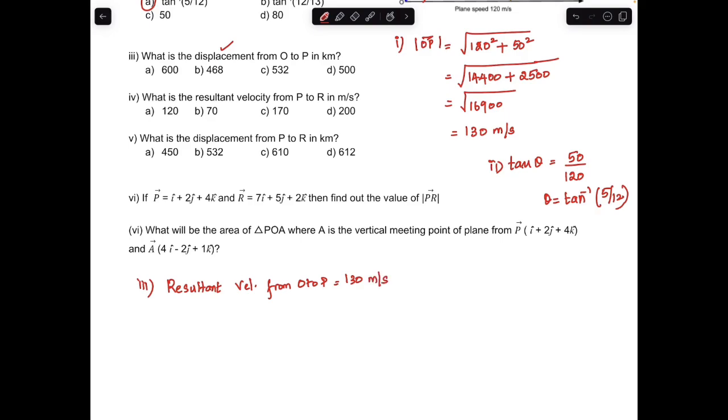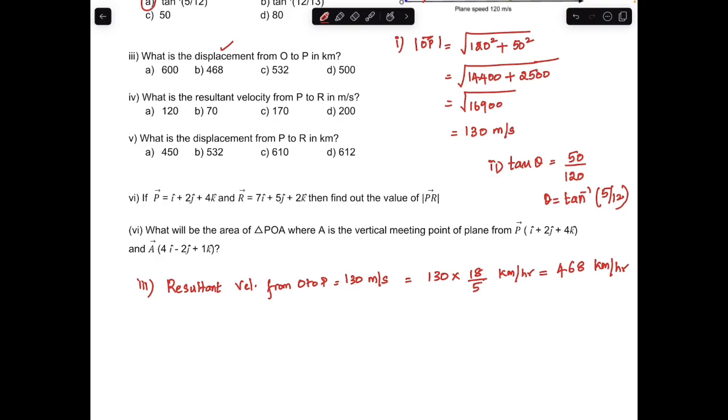This is in meter per second, so let's convert this to kilometer per hour. So 130 into 18 by 5 kilometer per hour, which is 468 kilometer per hour. So from O to P, the time duration of travel is 1 hour only.